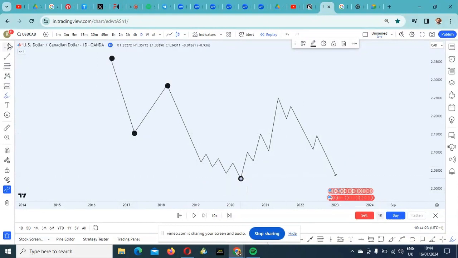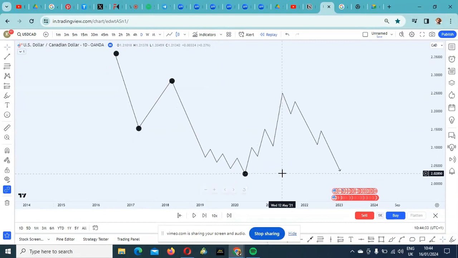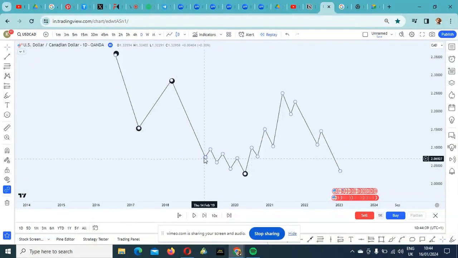Now, this is where I want to lay emphasis. Why did I ignore this low and mark this? That's what I want to lay emphasis on today when it comes to external structure. Why didn't I mark this low, then this high retraced? Just like what I was explaining the last time in class, I went to do some further study and research.